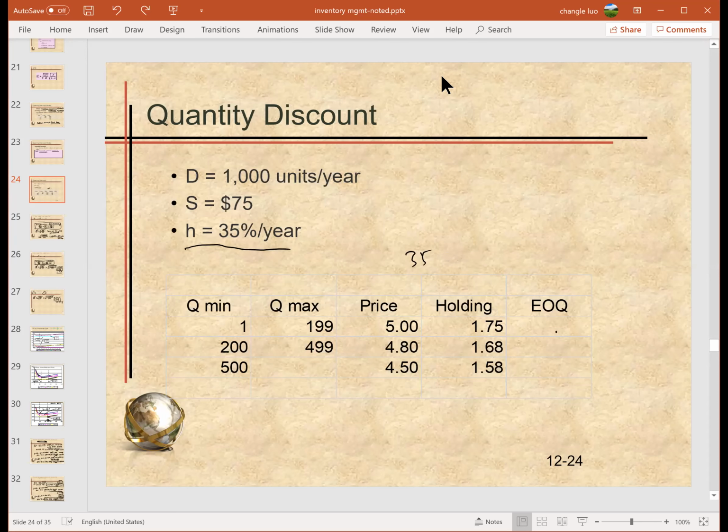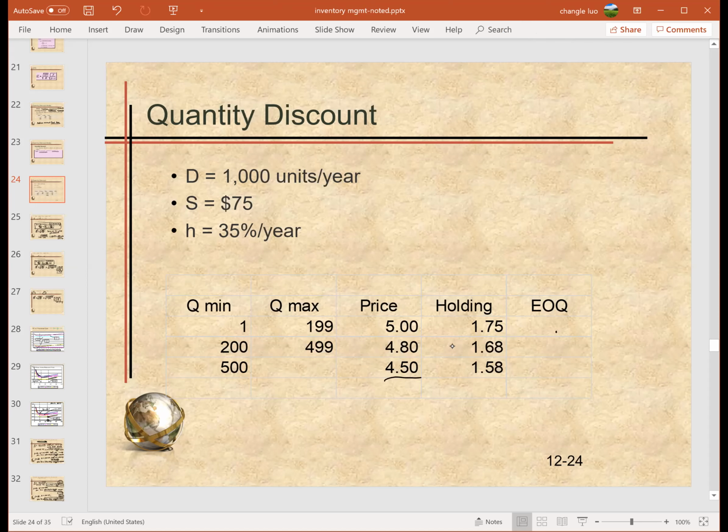Let's do the second one. The price is $4.80, so $4.80 times 35% is $1.68 per unit per year. That's the holding cost. The same thing goes for the third scenario, where the order quantity is bigger than 500 and the price per unit is $4.50.